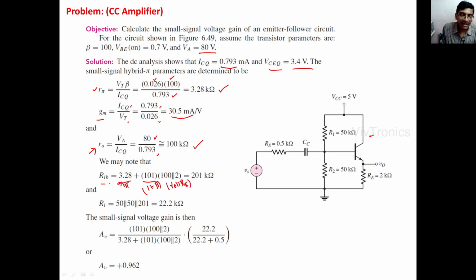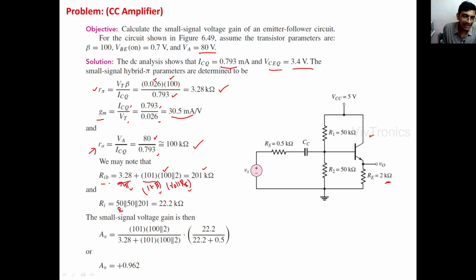Here R naught is 100 kilo ohms, beta is equal to 100, R pi is 3.28 and the RE value was given as 2 kilo ohms. So we can get the input resistance as 201 kilo ohms.